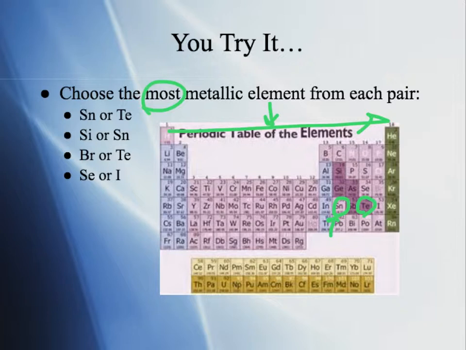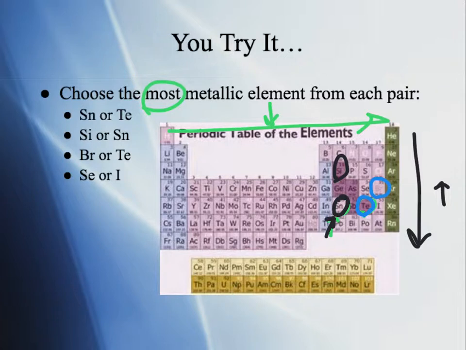The next one is silicon versus tin. Again, remember, as you go down, the metallic character is going to increase. So between these two, tin is going to be the more metallic element than silicon. The third one is bromine here versus tellurium.